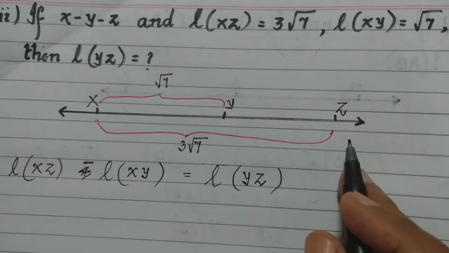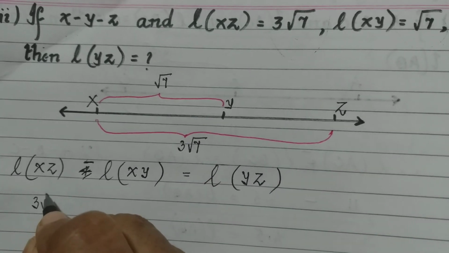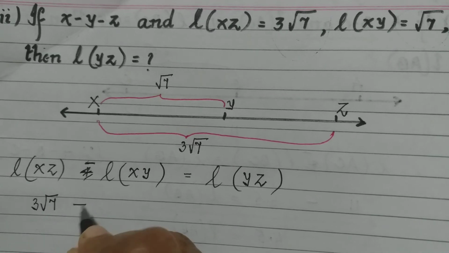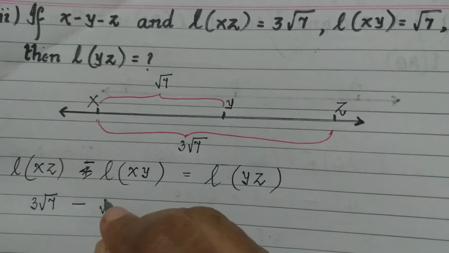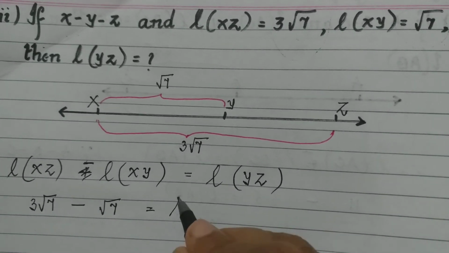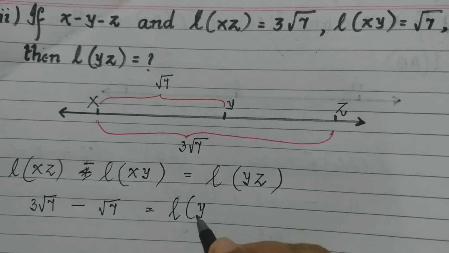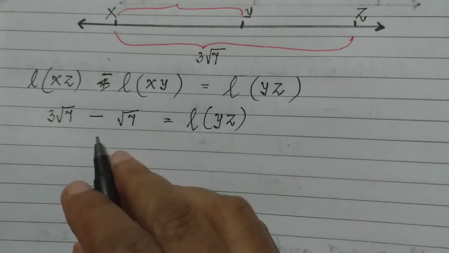Now what is length of XZ given to us? It is 3 root 7. So I write here 3 root 7 minus. What is length of XY here? That is root 7, is equal to length of YZ. Now I told you that we consider root 7 as x.